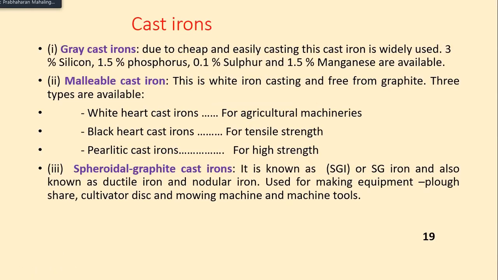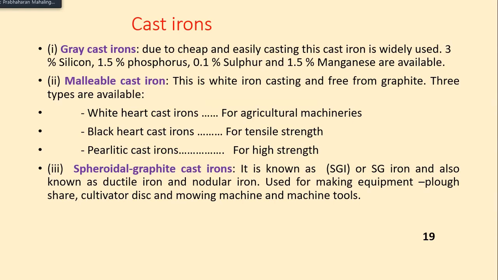Cast iron, grey cast iron, due to being cheap and easily cast, this cast iron is widely used. 3% silicon, 1.5% phosphorus, 0.1% sulfur, 1.5% manganese are available in grey cast iron.